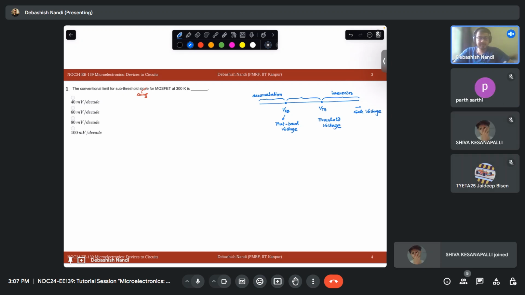What is the region in between accumulation and inversion? You can unmute and speak up. What I am asking is what is this region?